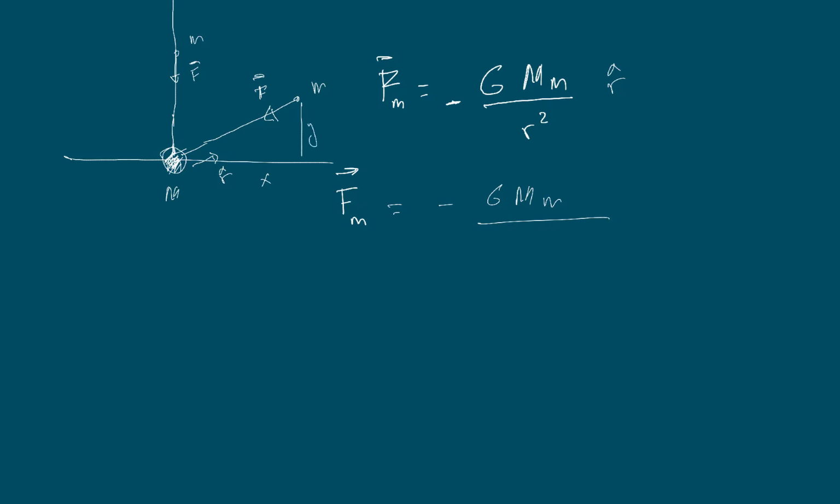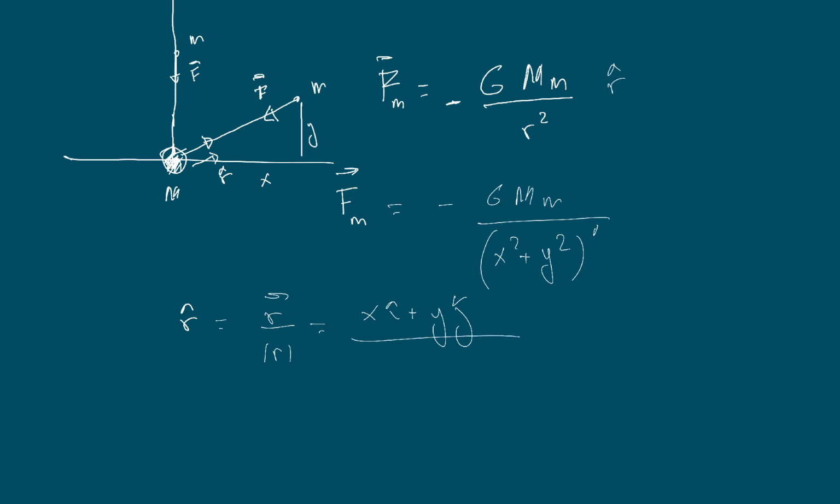So r squared is x squared plus y squared. And the unitary vector r is the vector r divided by its magnitude. The vector r is xi plus yj, and the magnitude of r is the square root of x squared plus y squared.